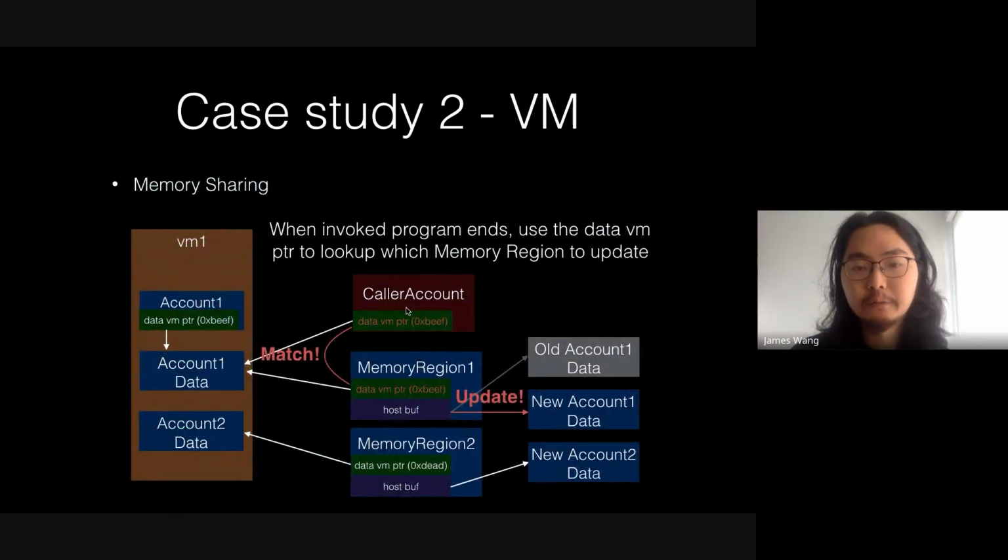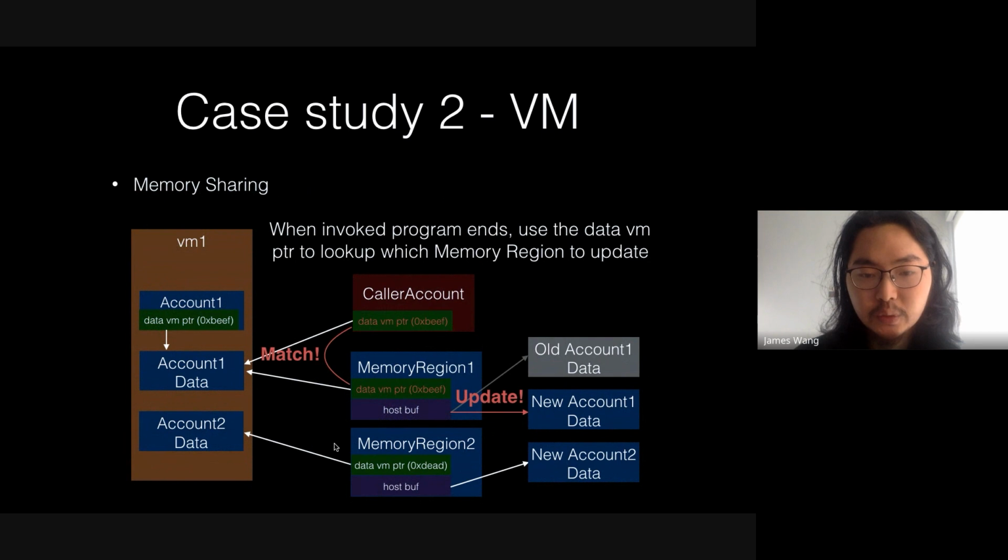And when returning from the invocation, how Solana decides which account to update is it takes the new caller account, which has the virtual memory pointer, and compares it with each memory region.